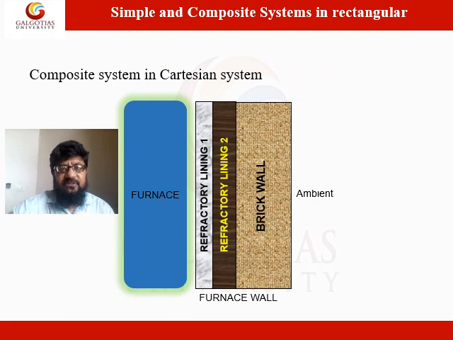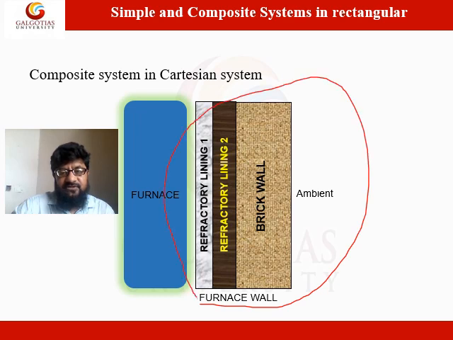Now let us take some simple and composite systems in a rectangular system. Suppose there is a furnace, and just outside of the furnace there are refractory linings 1 and 2. Then there is a brick wall, and then there is the ambient. The furnace is very hot and we want to calculate what resistance this composite furnace wall offers.